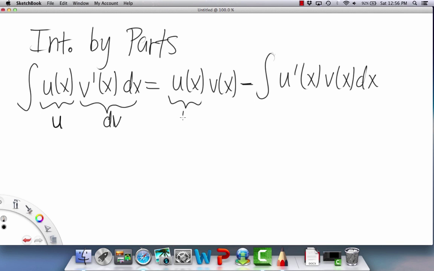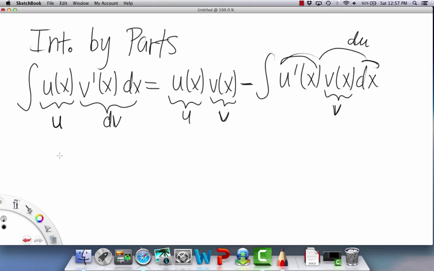And then the u of x is just u, v of x, because it doesn't have the prime or the dx attached, is just going to be normal v. And then over here, it's kind of flipped around. So our v of x here is just our normal v, and then the u prime of x and the dx combine to form du.